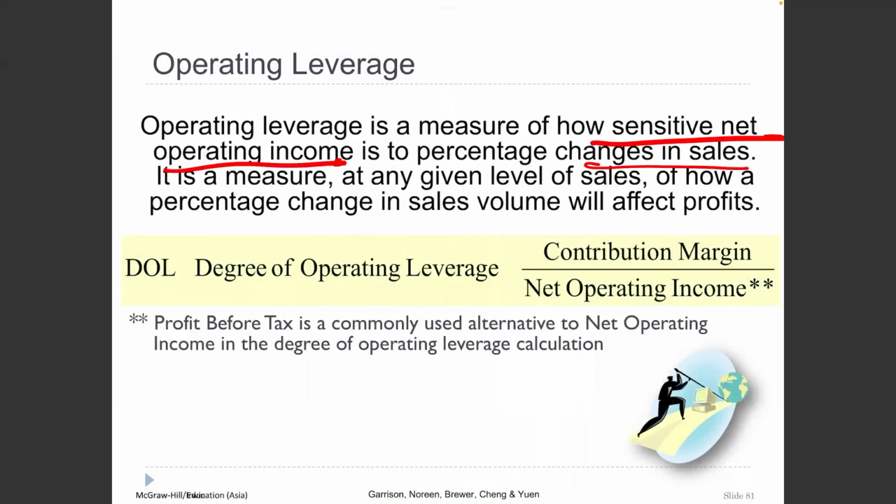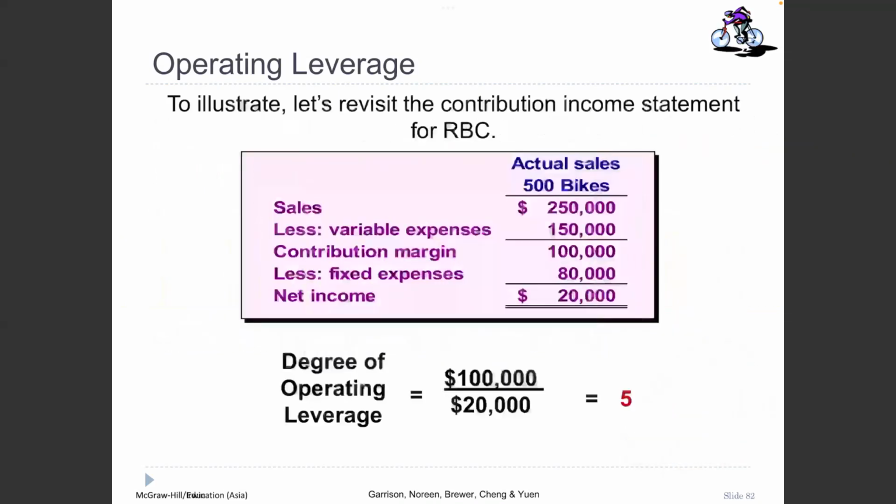Okay, so the degree of operating leverage, how do you calculate it? Contribution margin divided by the net operating income. Here you have sales of $250,000 minus variable expense of 150,000, so your contribution margin is $100,000, and your net income is 20,000.